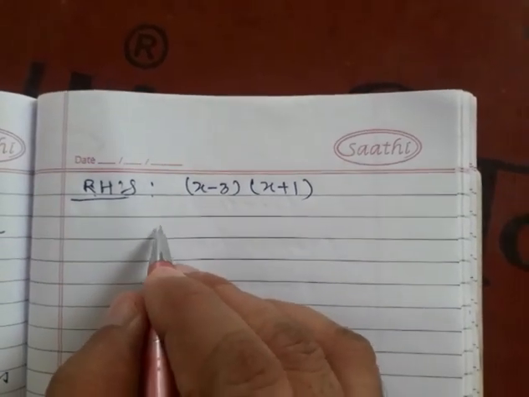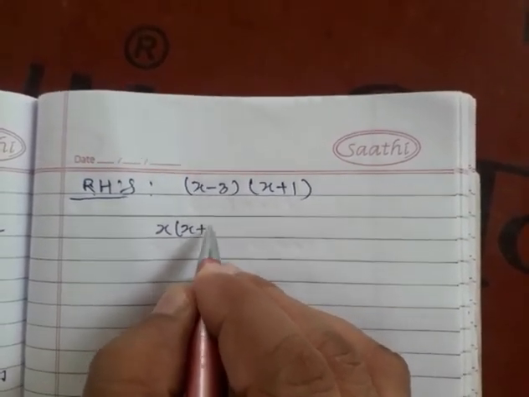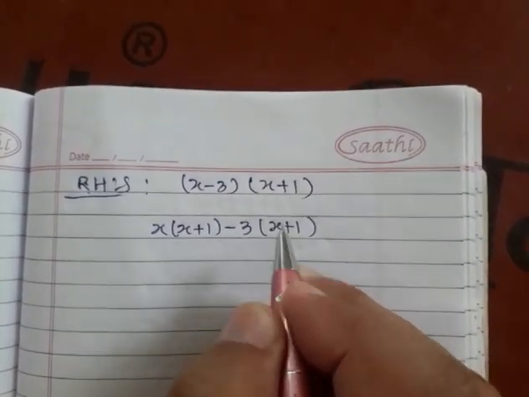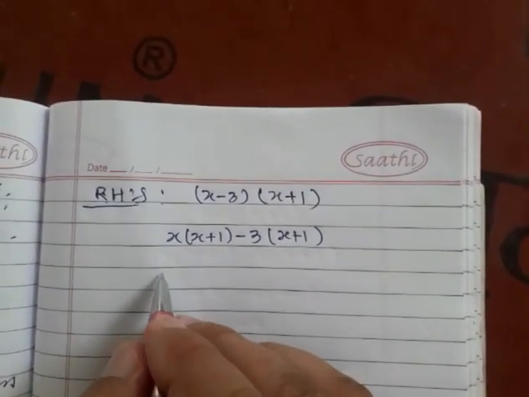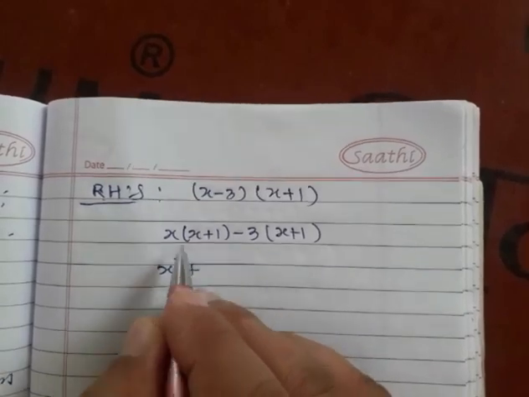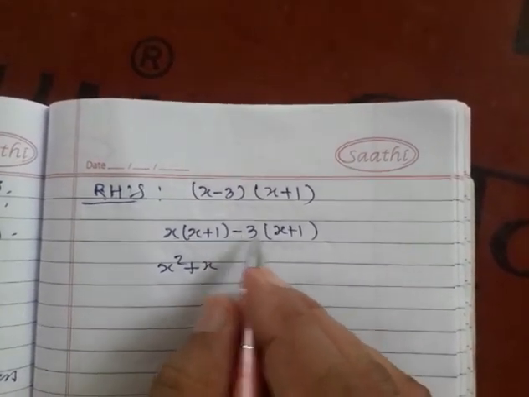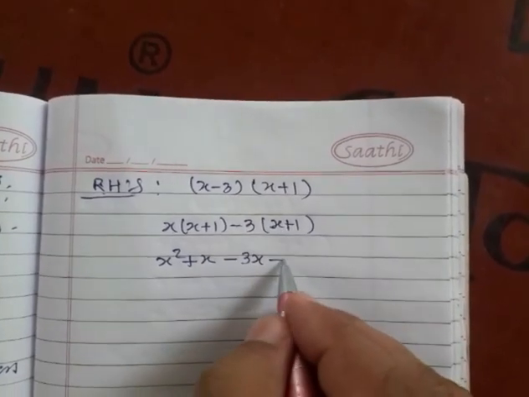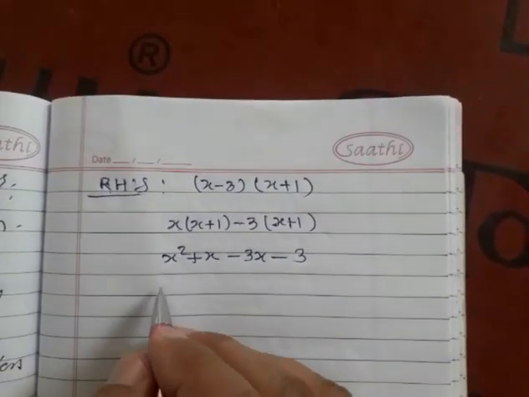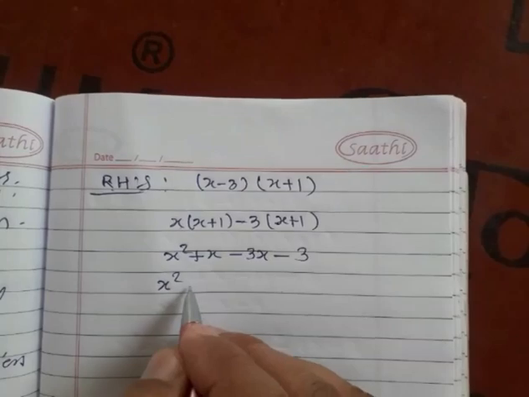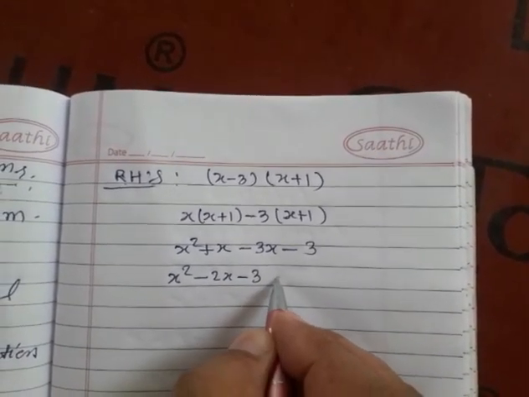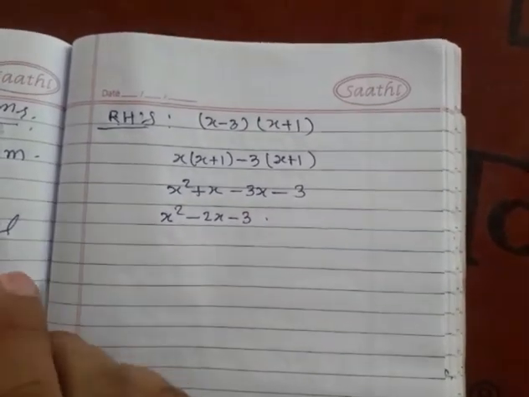To find the product: x square plus x, minus 3x minus 3. Now what do we get here? x square minus 2x minus 3. We have found the right hand side.